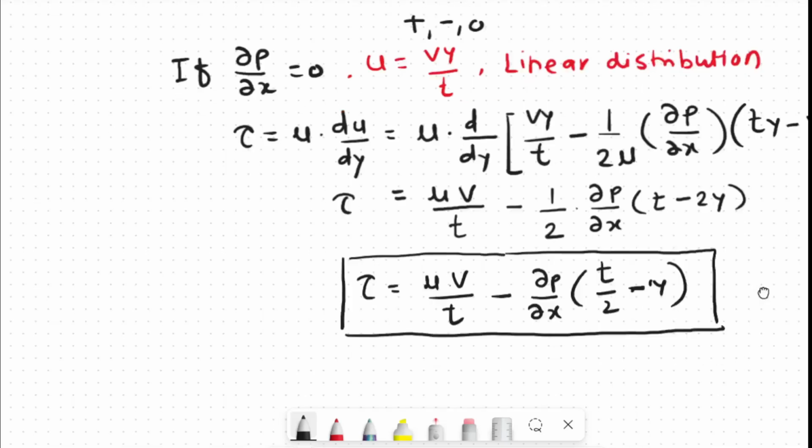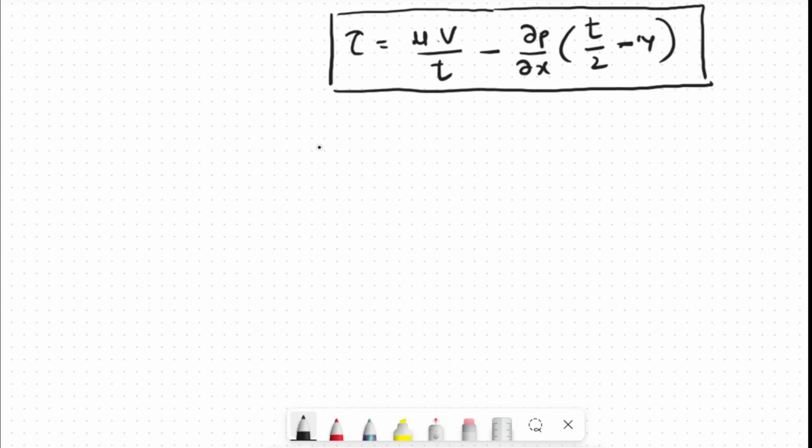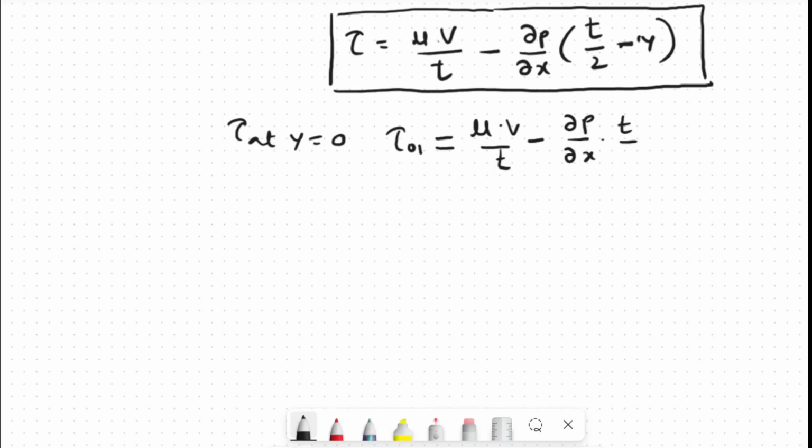Now, if I want to find out the value of shear stress, tau at y equal to 0, that is tau 0,1 suppose, will be equal to, if I put the value of y equal to 0, mu into V by t minus dp by dx into t by 2.